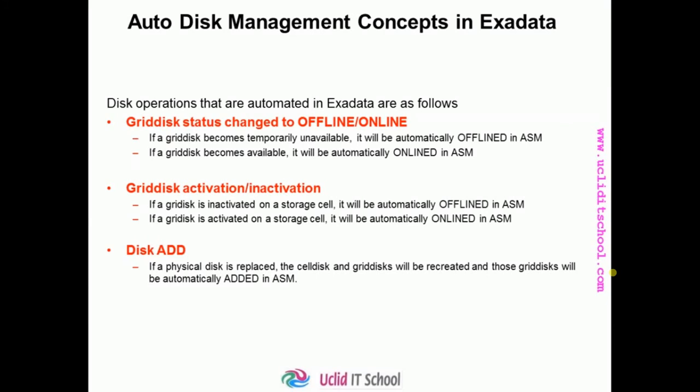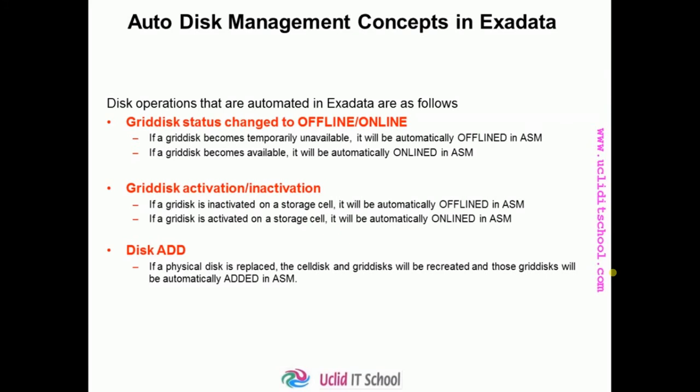Then the third automation is, if a disk fails, which is one of the common failures in real time also. Whenever a disk fails, you will replace that disk with a new disk.